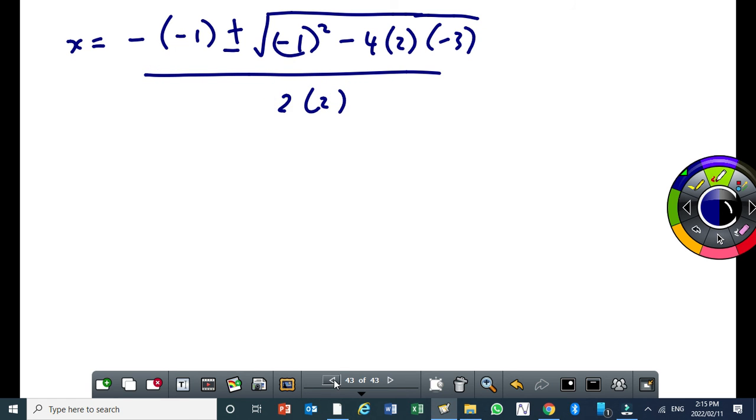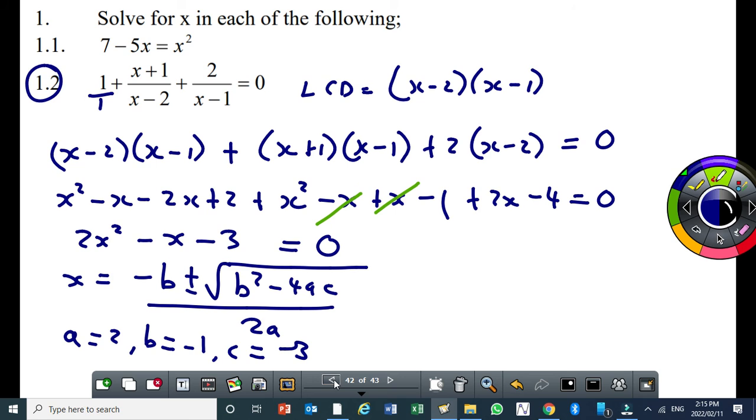Okay, before I carry on here, just want you to know that we have restrictions as well, right? Our restrictions will be x is not equal to 2, and also x is not equal to positive 1. Okay, we have restrictions because we are dealing with fractions. Right?